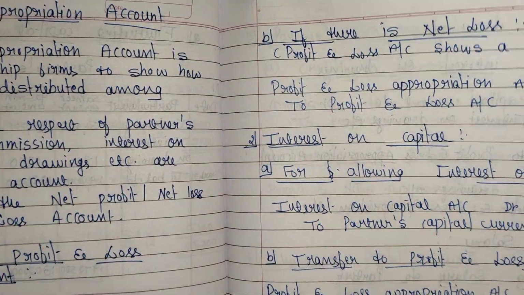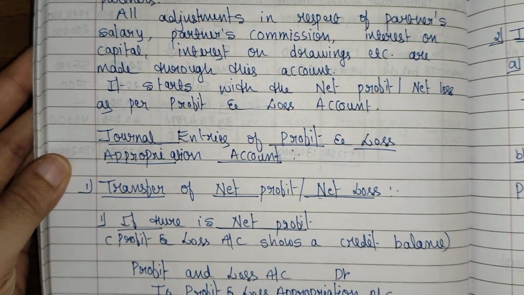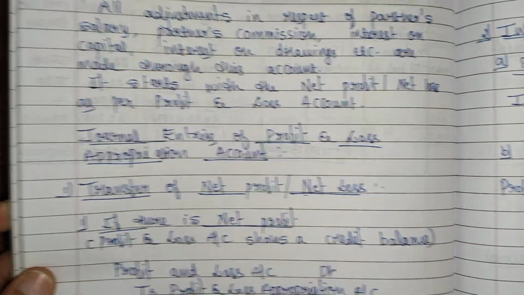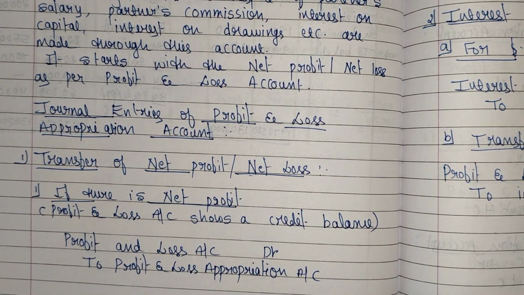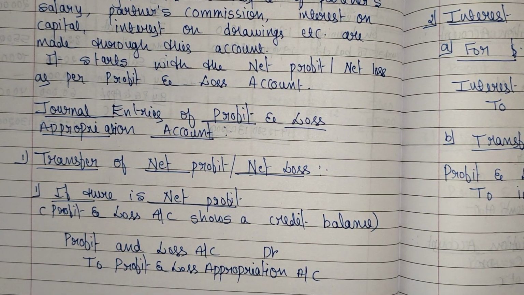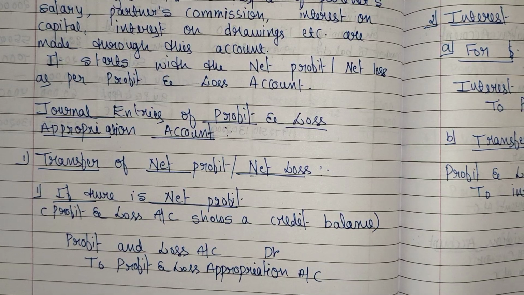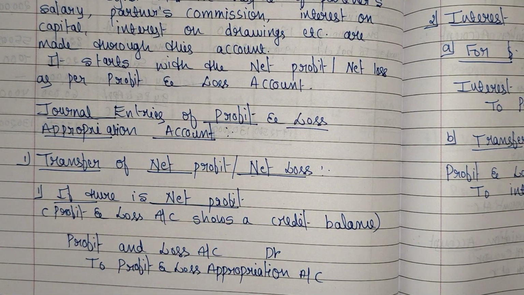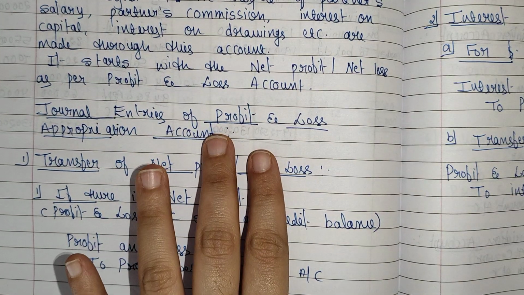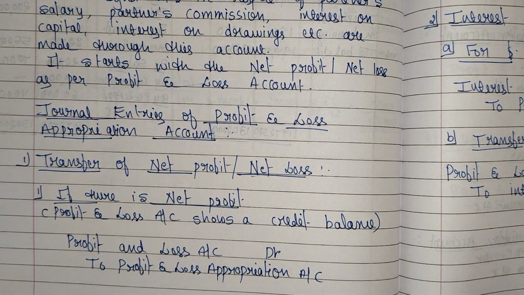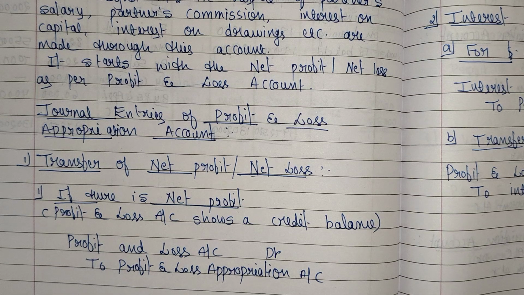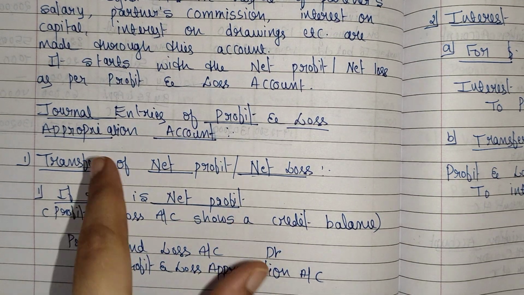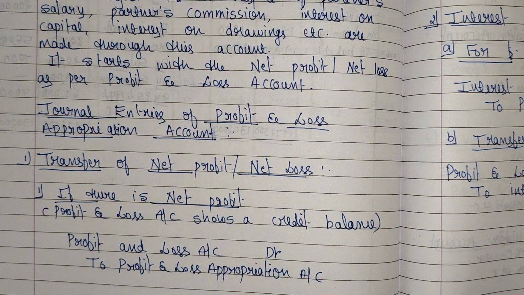Clear? So first, the profit and loss appropriation account begins with net profit or net loss. Clear? This entry transfers the final profit or loss from the profit and loss account to the profit and loss appropriation account.